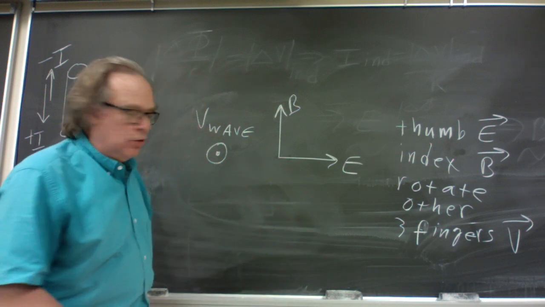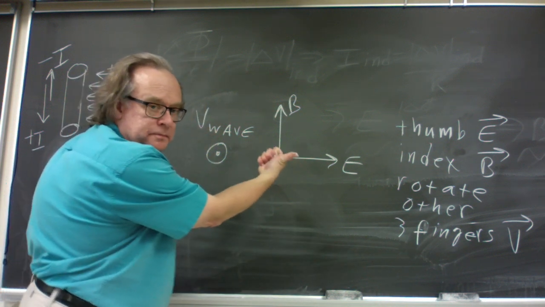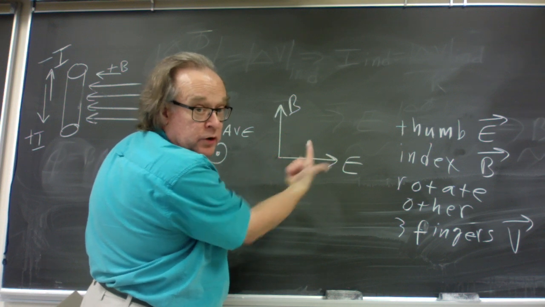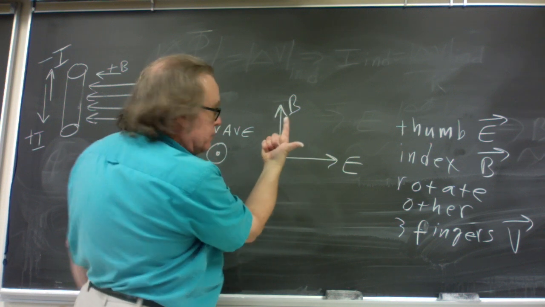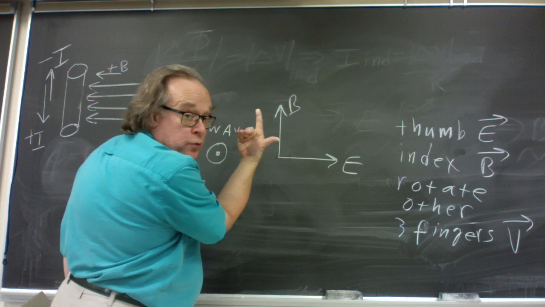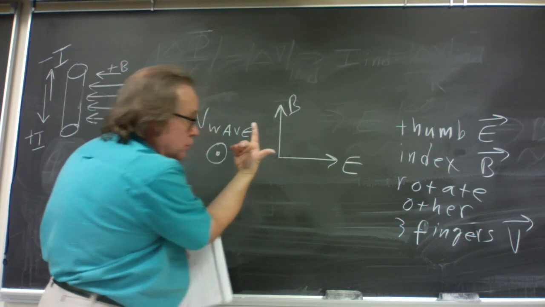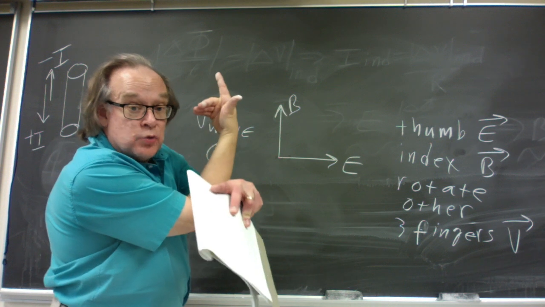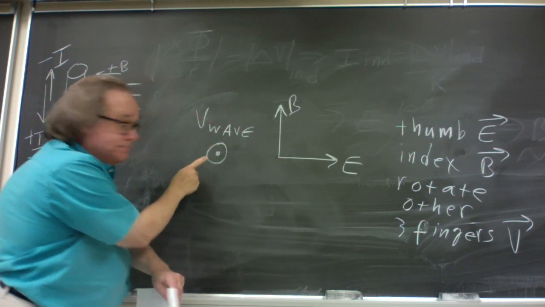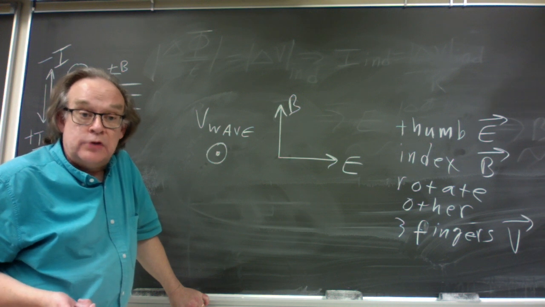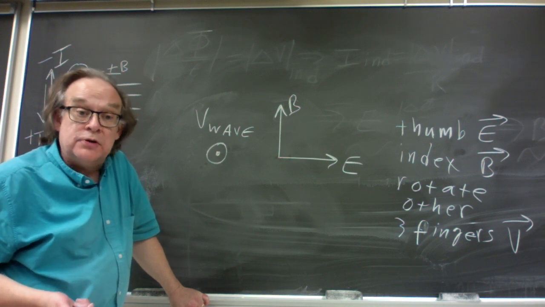Thumb in direction of electric field, index finger in direction of magnetic field, other three fingers perpendicular to those. The other three fingers are now pointing straight out. That's the direction of the electromagnetic wave in this particular case.